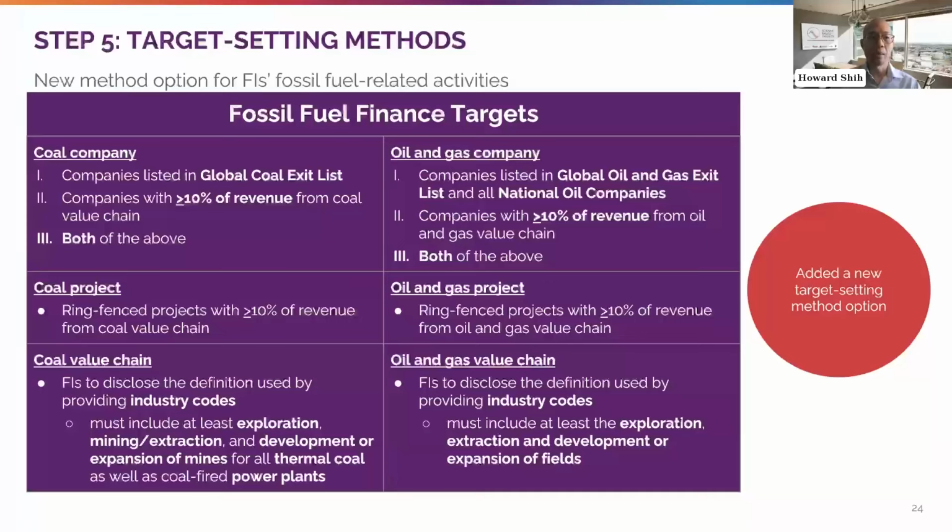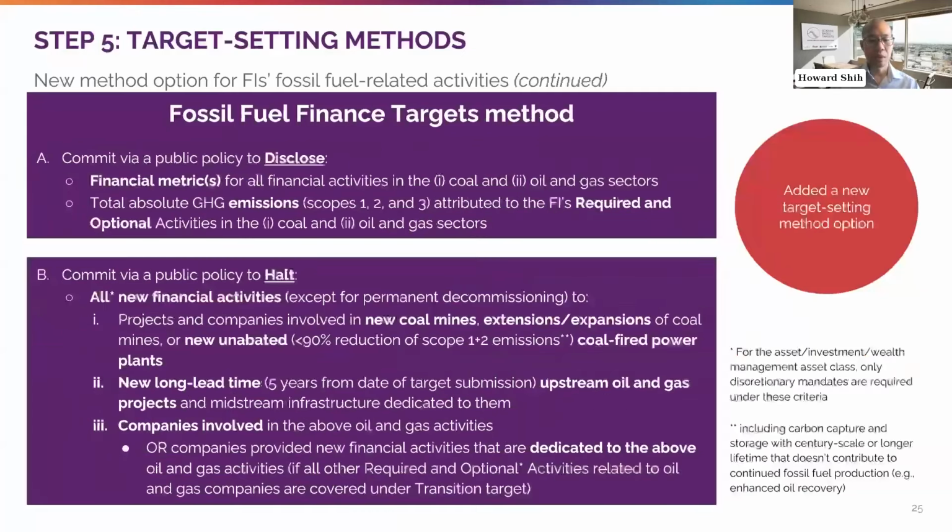And the minimum requirement is to cover thermal coal, as well as coal-fired power plants. Of course, we recommend to go above the minimum requirements and cover met coal and the midstream and downstream. And then similarly for oil and gas, the minimum requirement is to include the upstream segment. So with those definitions, we'll go through the 4 groups of criteria.